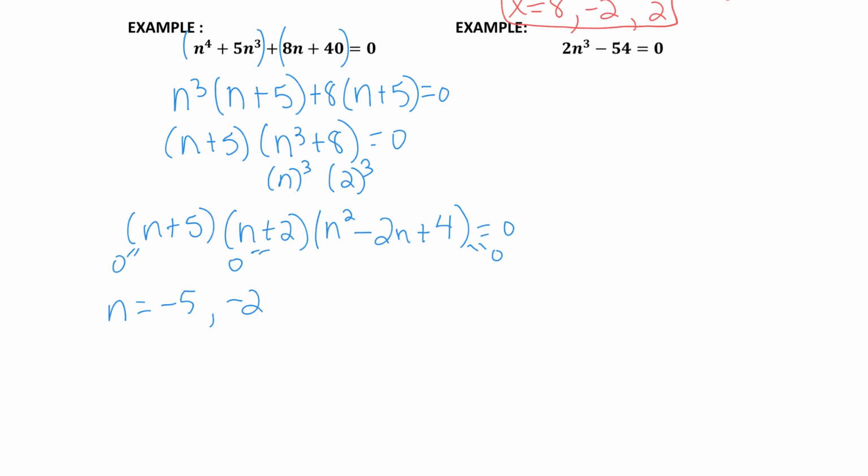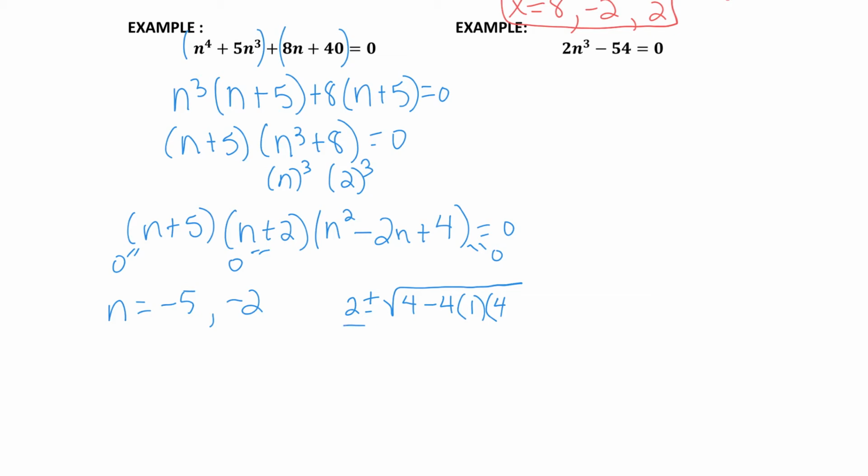So the quadratic formula says this: take the opposite of b, so that's going to be 2, plus or minus the square root of b squared, so that would be negative 2 squared, which is 4, and then minus 4 times your a value, 1, times c, which is 4.